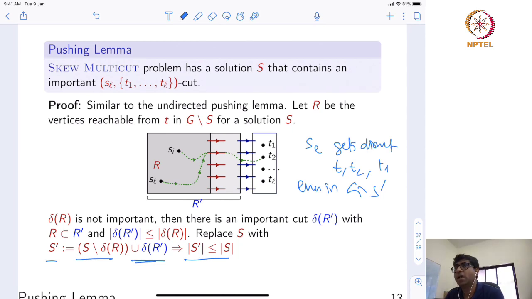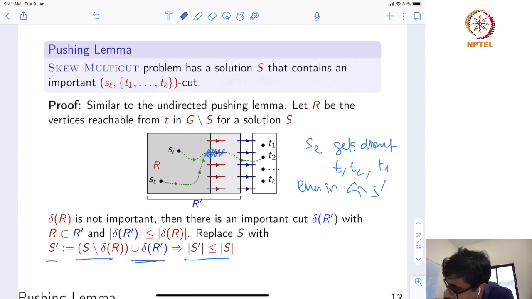But look, when we deleted S, it was a solution. There was no SI to TI path, but suddenly you have got a path. It means it must be using one of the new edges.